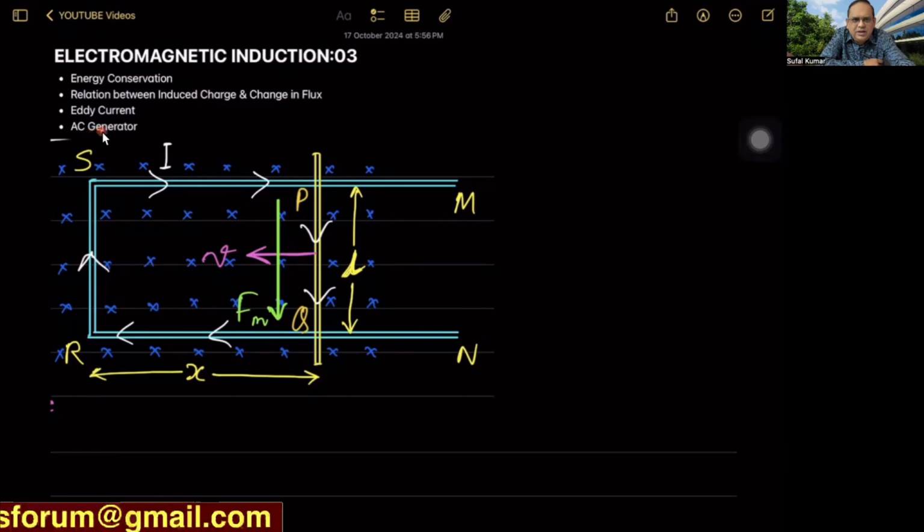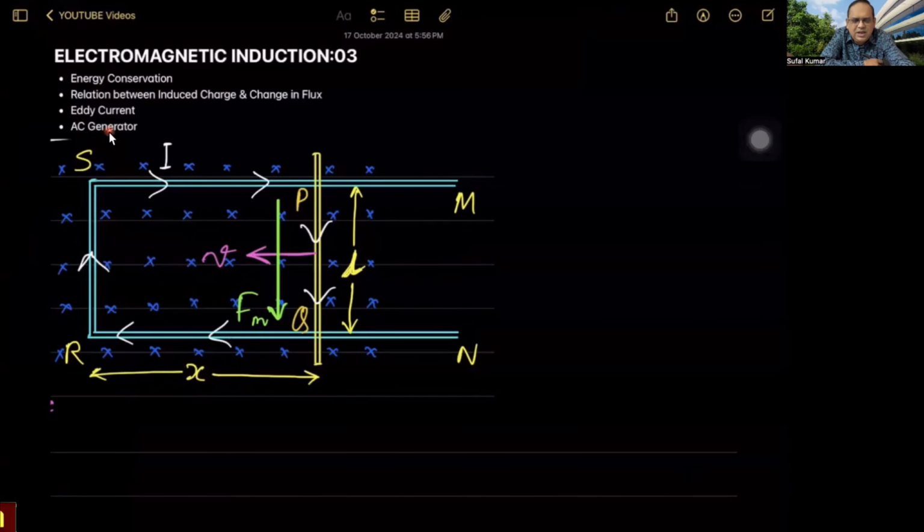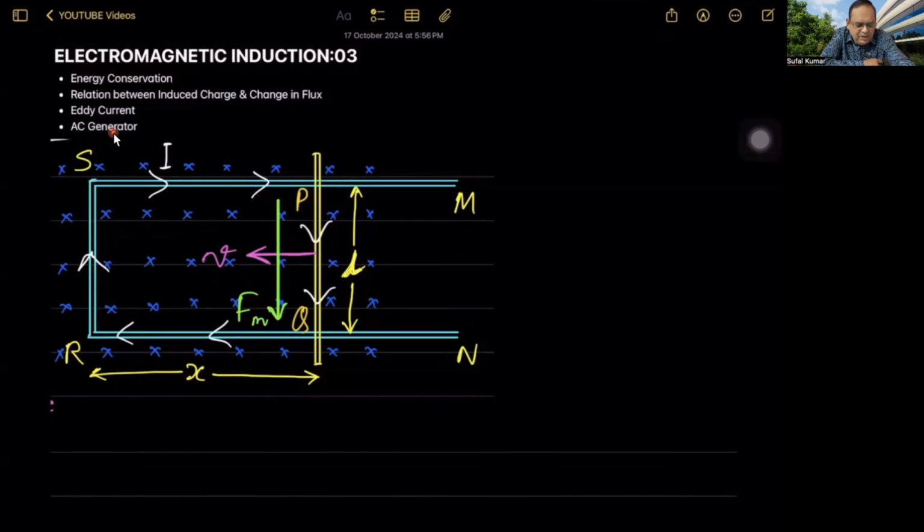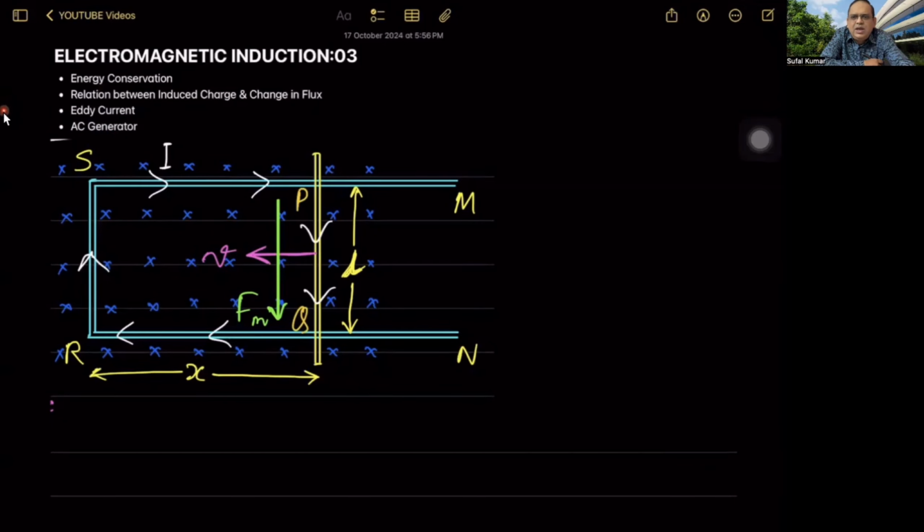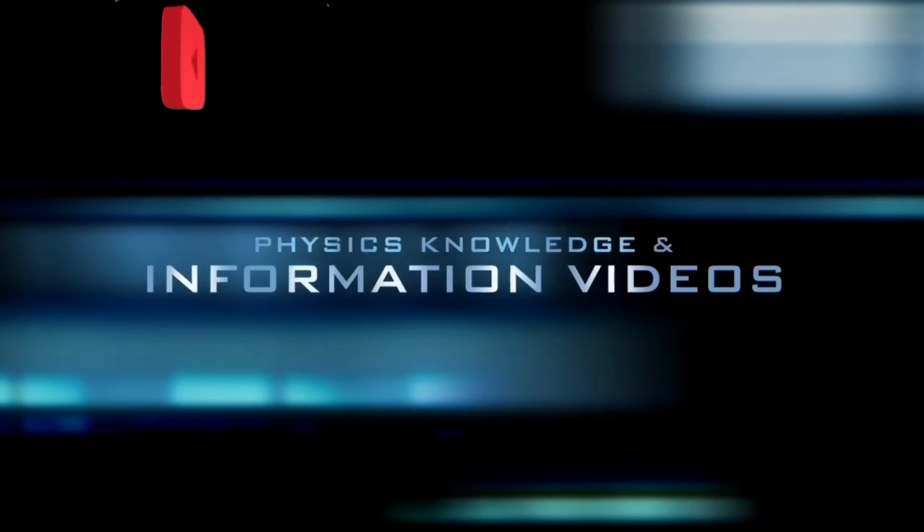Then thereafter, in fourth part, I am planning to finish EMI. So let's proceed with energy conservation. That means here we will be proving how law of conservation is relevant in electromagnetic induction.